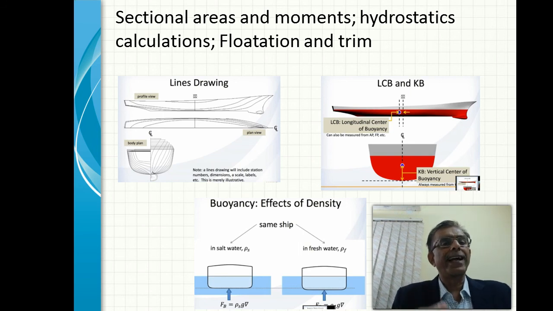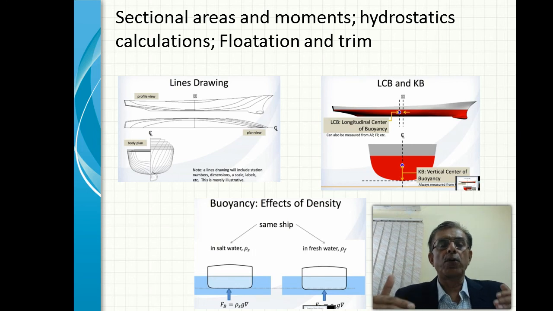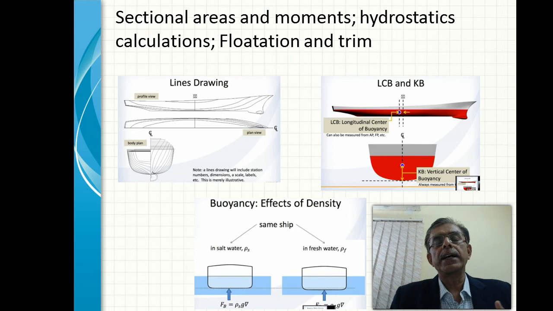So these are called hydrostatic calculations, and mainly the calculations relate to doing sectional areas and moments. There are methods in naval architecture where you have to carry out the sectional areas of the various parts and the moments to determine whether the vessel will float and trim. Nowadays, computerized programs are available, and you can get these results rapidly.